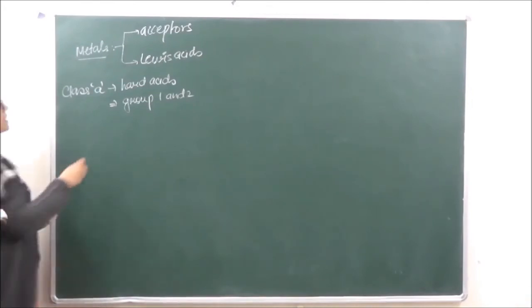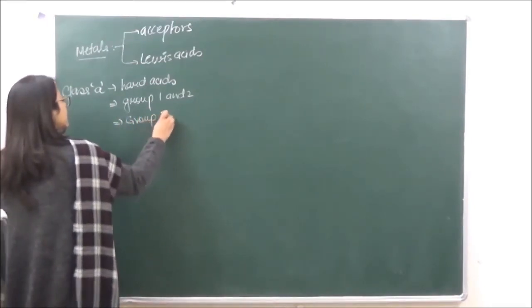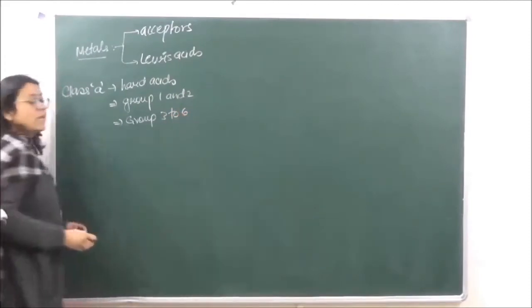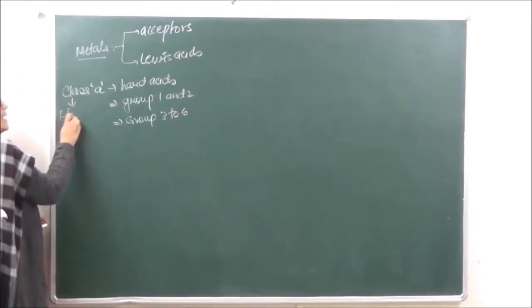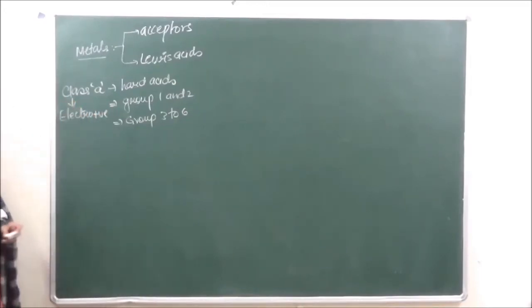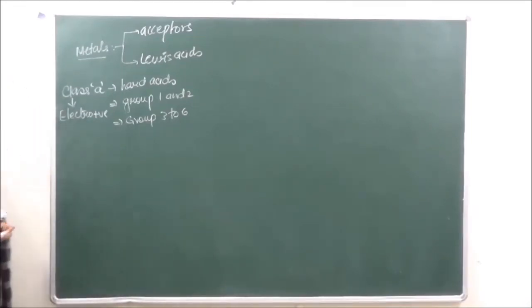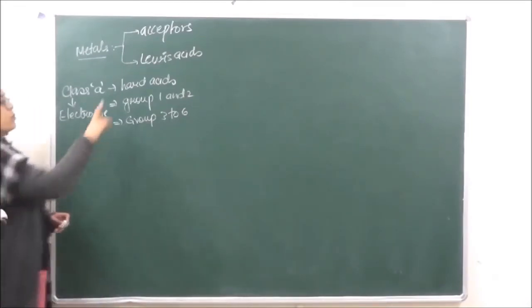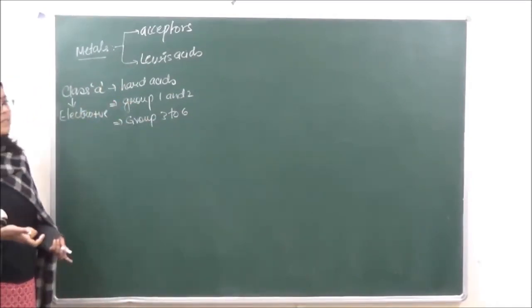Group 3 to 6 transition metals are also going to come under this category, all highly electropositive in nature. They are going to form the most stable coordinate complexes you can say.